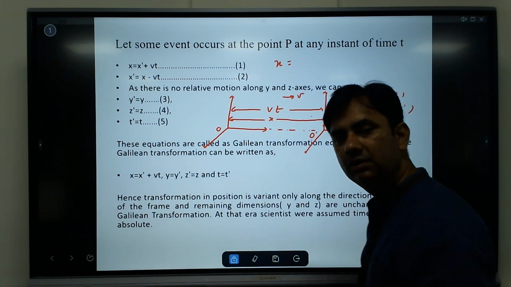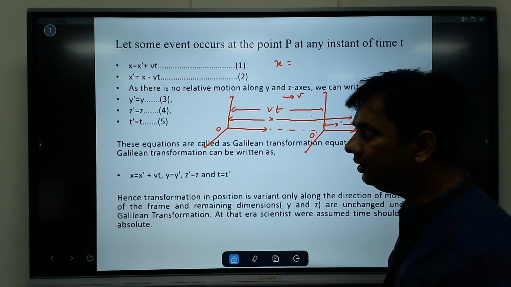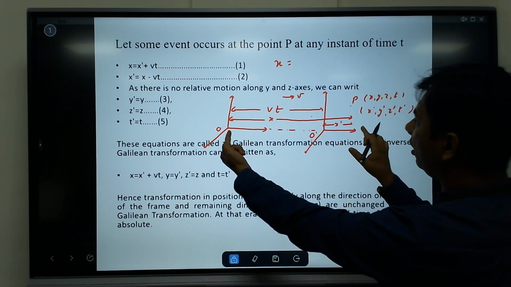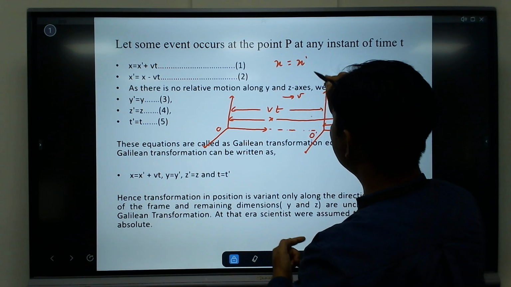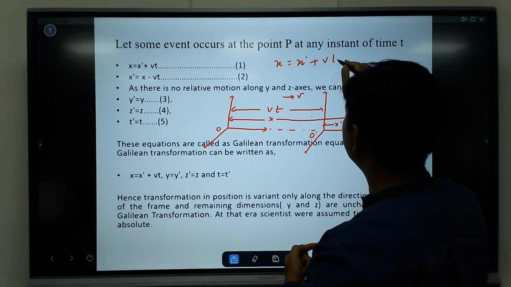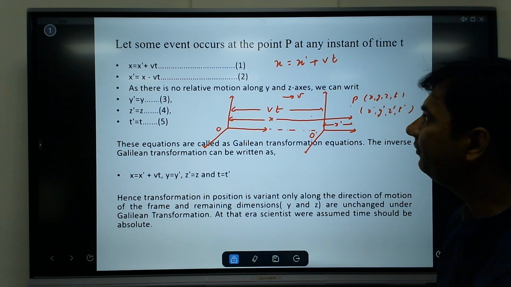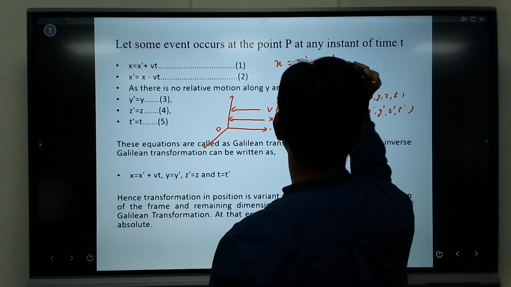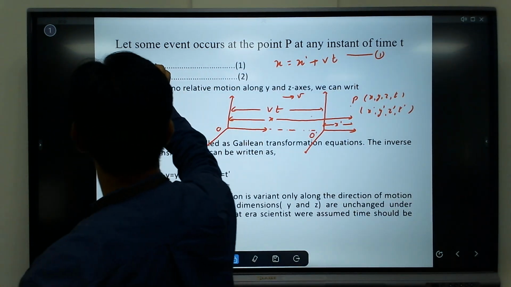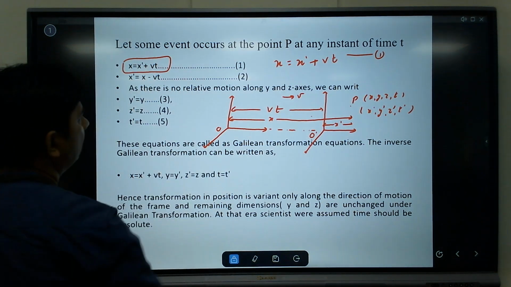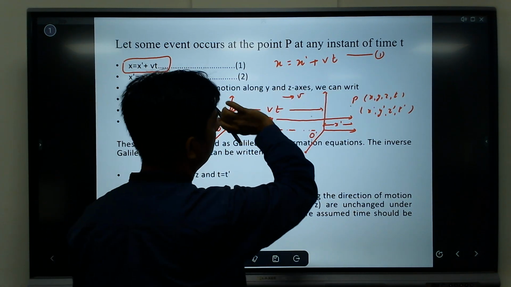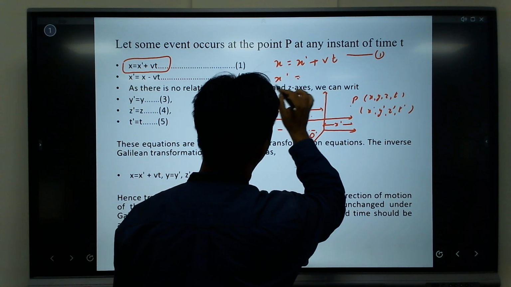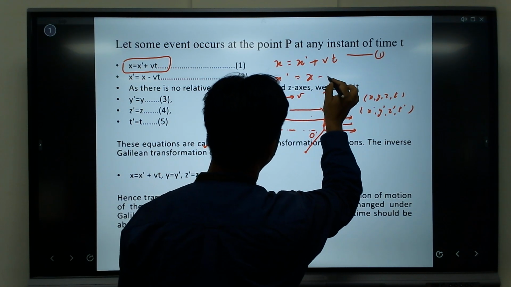If we add both of them, then we can get this value, which is very easy. So x is made up of x dash plus vt. This is my first equation, as you can see from here. Now the second one, rearranging it, will come out to be x dash is equal to x minus vt.